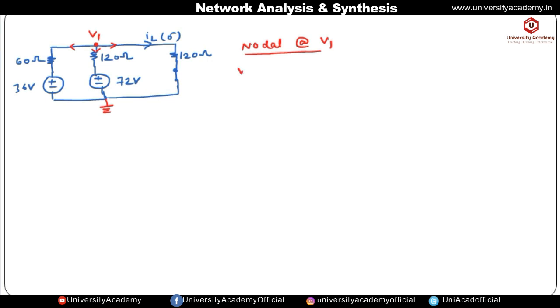Now what is the value of this current? It is given by V1 minus 36, because this voltage source will give current in this direction which will be opposing this current. So (V1 minus 36) by 60, then (V1 minus 72) by 120, then the value of this current is V1 by 120, equal to 0.